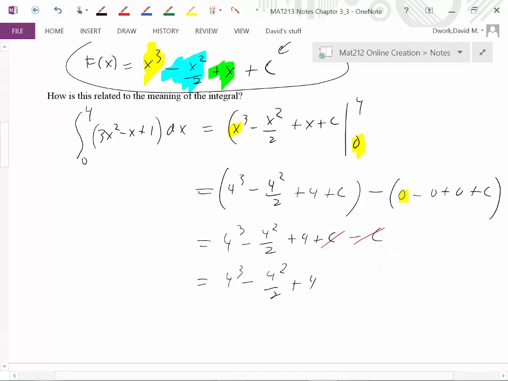Well, no. And it kind of makes sense that it doesn't, because if you think back to what a definite integral means, it's talking about the change. So when we were talking about change in time when we were driving, you might have some equation saying you're going 65 miles an hour, and you started 15 miles away from your house.